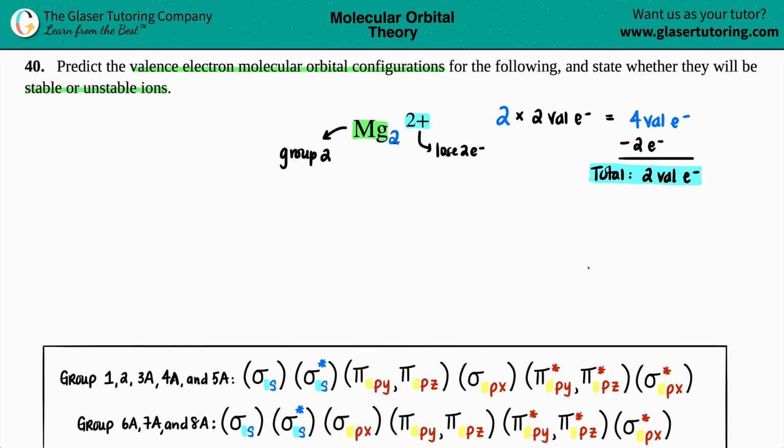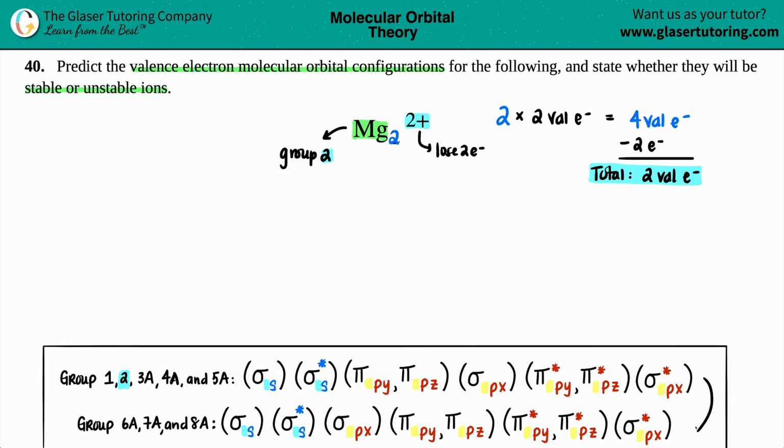All right, so what's going on here? Well, it's a whole mess. But basically, these are your generic molecular orbital configurations depending on what group you're in. Now, we already discussed that magnesium was in group 2. And voila, group 2 follows this valence electron molecular orbital configuration. Just know that the difference here is the mixing of orbitals between your s's and your p's.